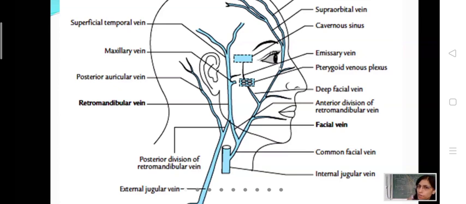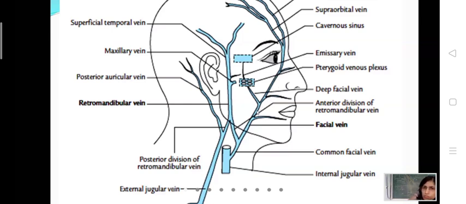Second thing is that it lies behind the facial artery, and third is it is more superficial as compared to the facial artery. So how facial vein is formed? It is formed by the joining of supratrochlear and supraorbital vein at the medial angle of the eye. Then it goes downwards and backwards by the side of nose.